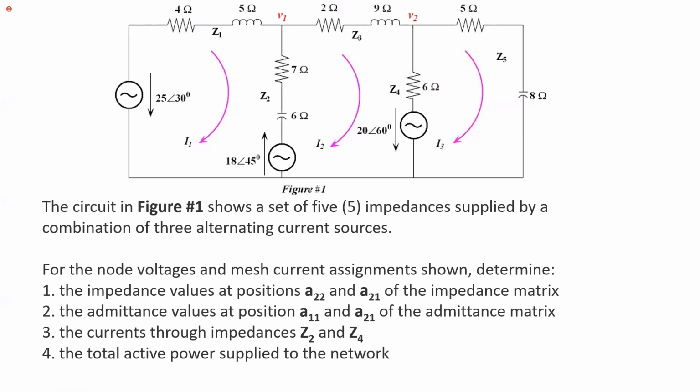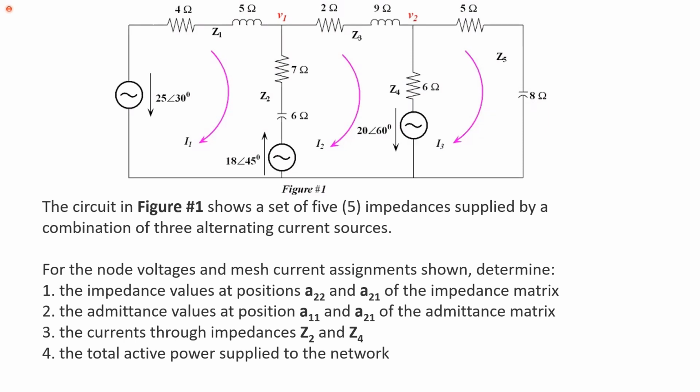Okay. So we have here a nice little circuit, a three-mesh circuit. Now you're given node voltages, you're given mesh currents, which means that the choice in terms of how you approach the question will be totally up to you.